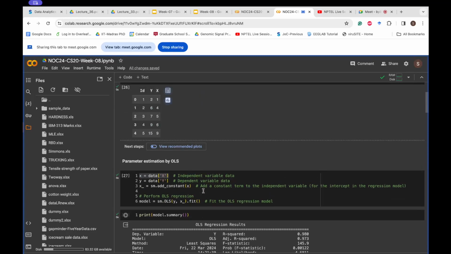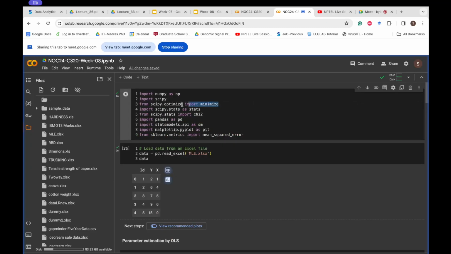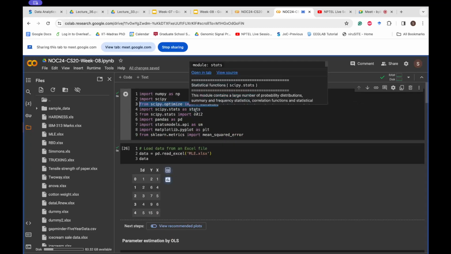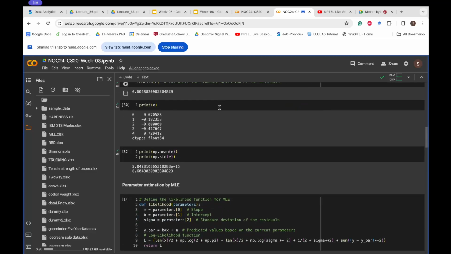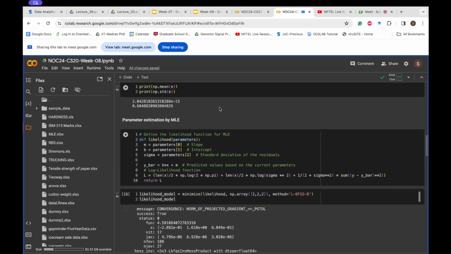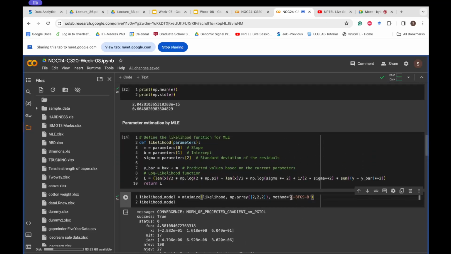This minimize is there in the scipy.optimize package. It uses multiple optimization algorithms internally, which we don't need to know exactly, but for your information, the method being used here is L-BFGS-B.